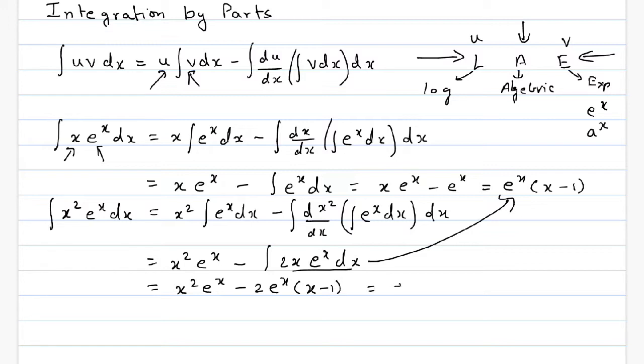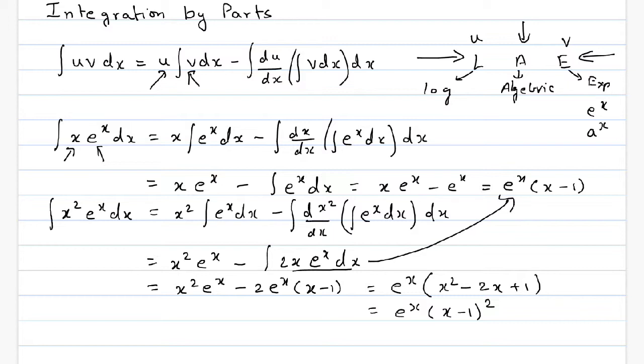Or taking e raised to x common, we get x square minus 2x plus 1, or e raised to x times (x minus 1) whole square. In this manner we can solve terms where two functions are multiplied with each other using integration by parts.